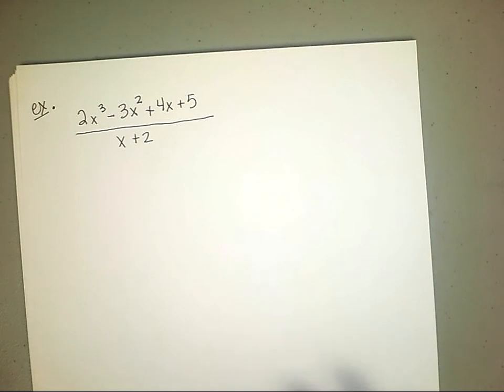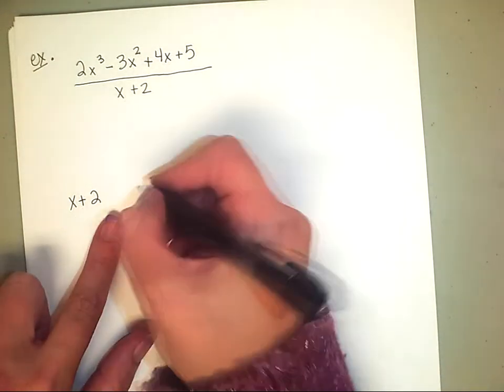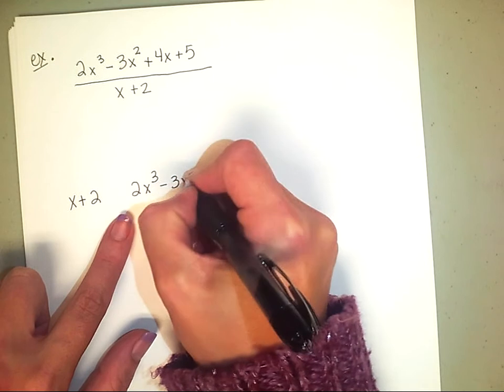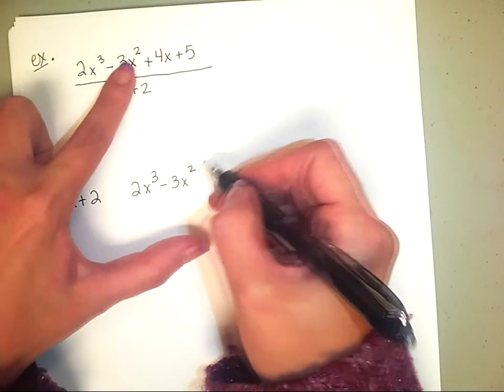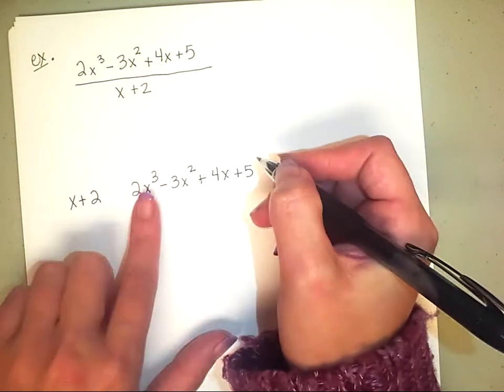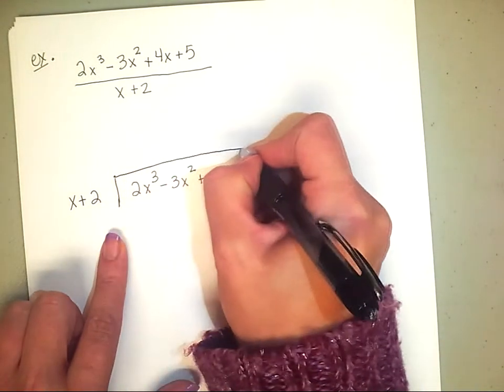Now our first step is to set this up as a long division. So the x plus 2 is what we're dividing by, and it goes on the outside, and the numerator goes on the inside. Now I'm writing this in descending order, so if there was something missing, I would need to put in a 0 placeholder. We'll see how that works.